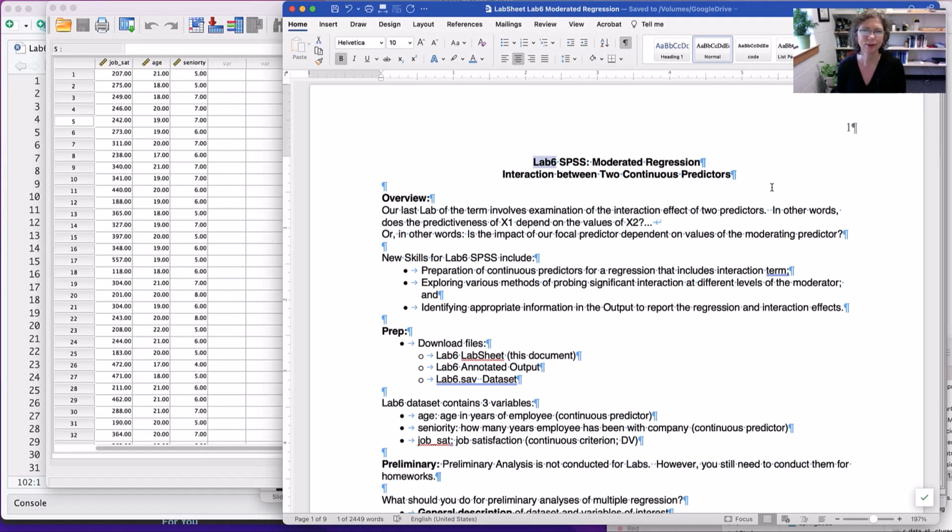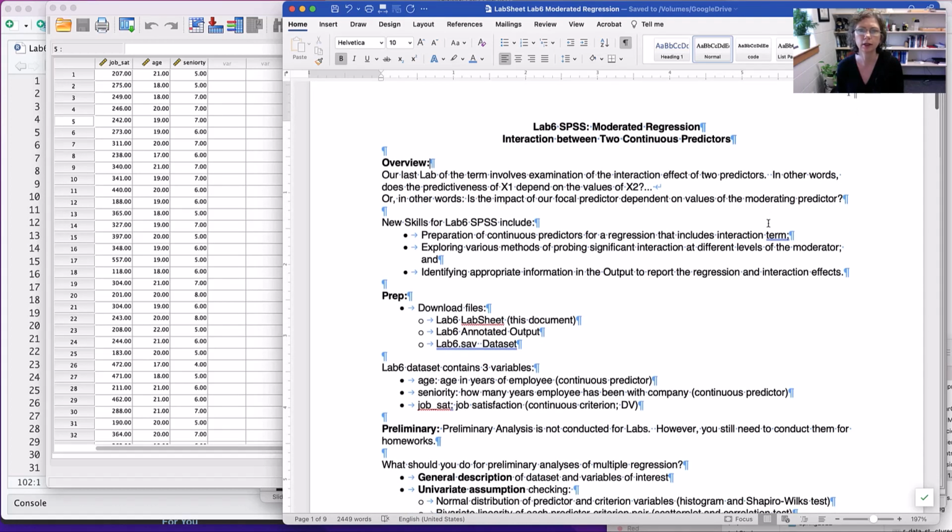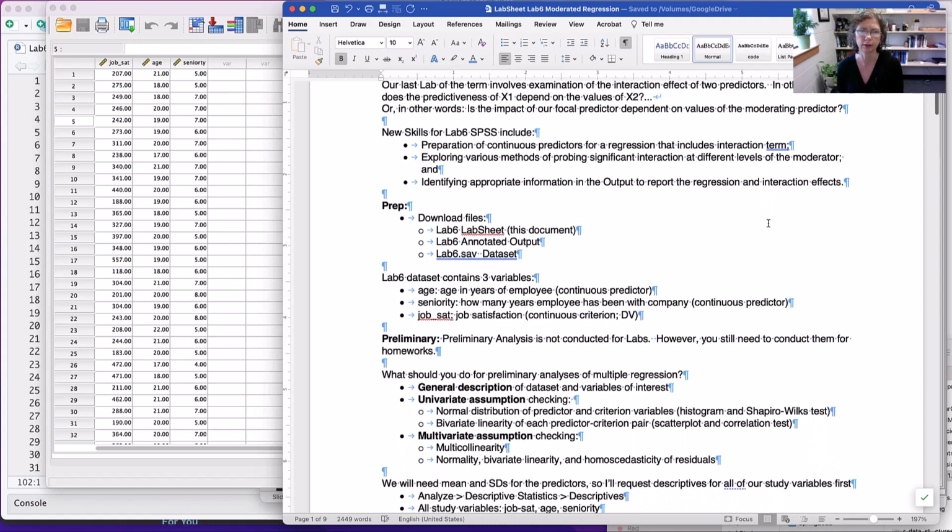Hi class, welcome back. We're going to start with our lab in SPSS. And this last lab of the term involves examining the interaction effect between 2 predictors. In other words, does the predictiveness of predictor 1 depend on the values of predictor 2? Or is the impact of our focal predictor dependent on the values of the moderating predictor?